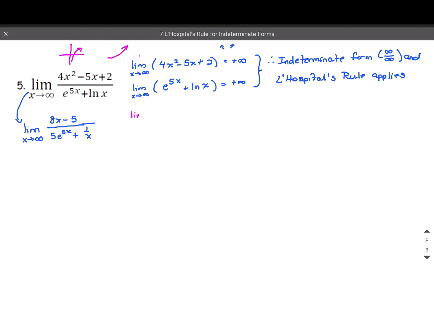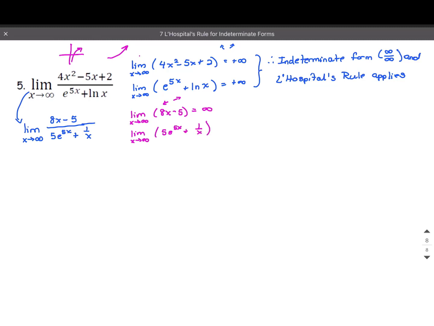Now we're going to try to take this limit. So we're going to look at the limit as x heads to infinity of the top, 8x minus 5. That's a linear function with a positive leading coefficient, so it's going to look like y equals x, increasing as we go up to the right. Then we have a limit as x heads to infinity of 5e to the 5x plus 1 over x.